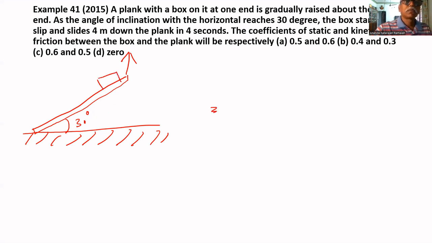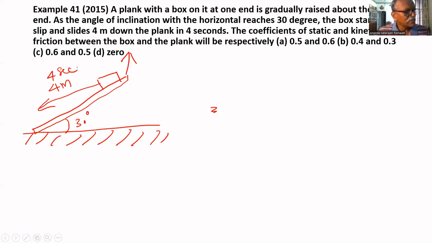The box slides down 4 meters down the plank in 4 seconds. The coefficients of static and kinetic friction between the box and plank will be respectively what?